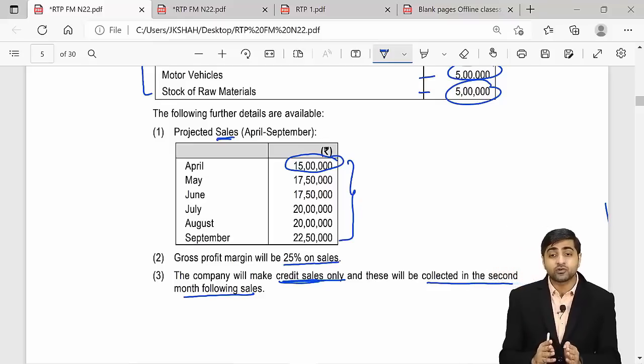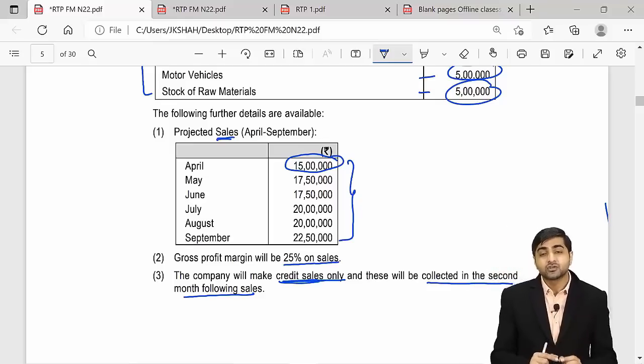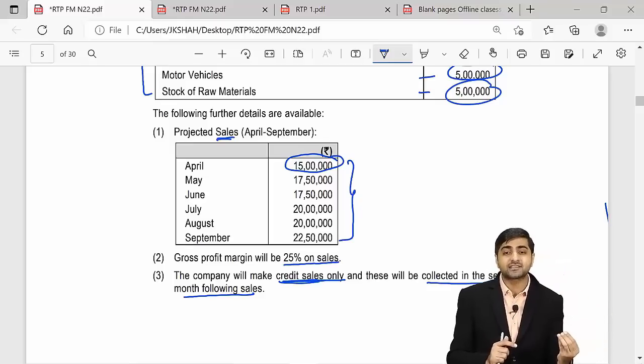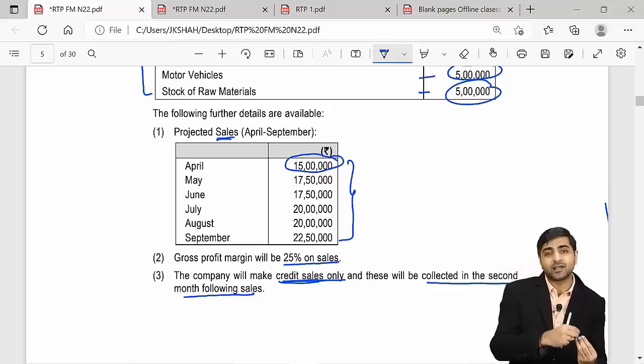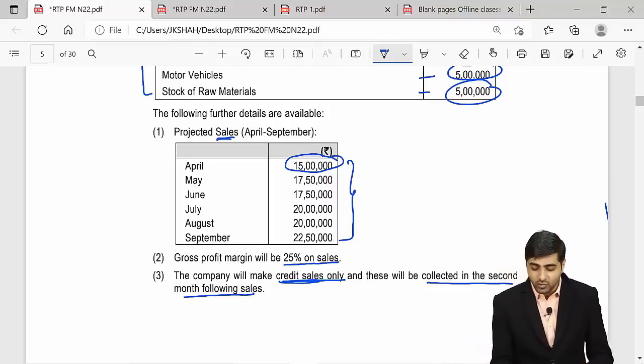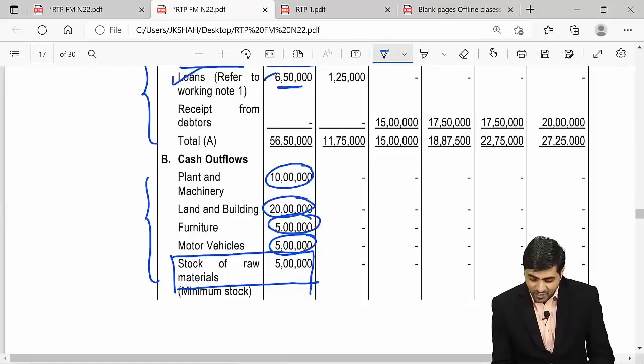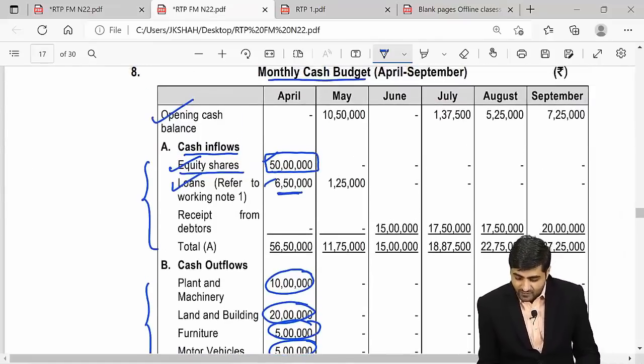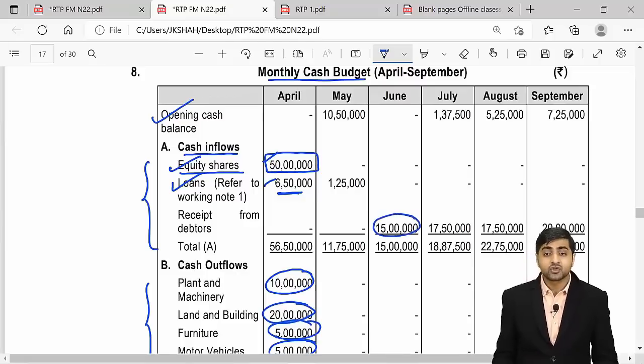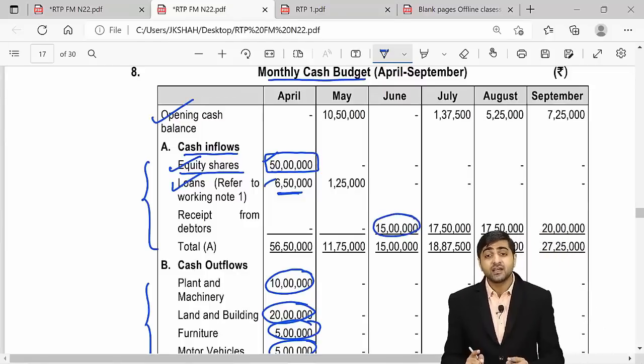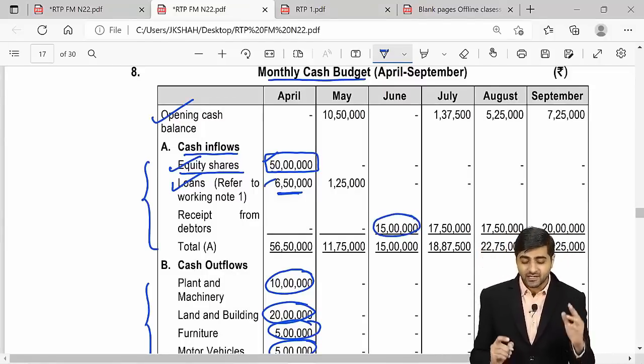But because they have told you that it will be collected in second month, so this April month 15 lakhs will be collected in which month? It will be collected in the month of June. So you can just check that April month, whatever is your 15 lakhs, that is collected in the month of June.